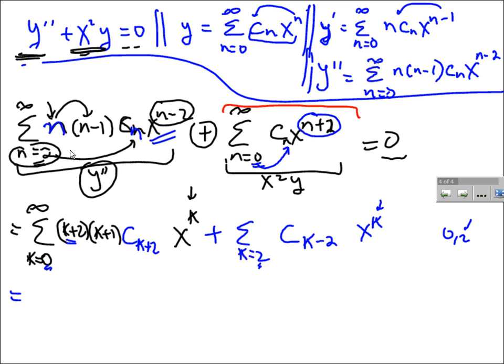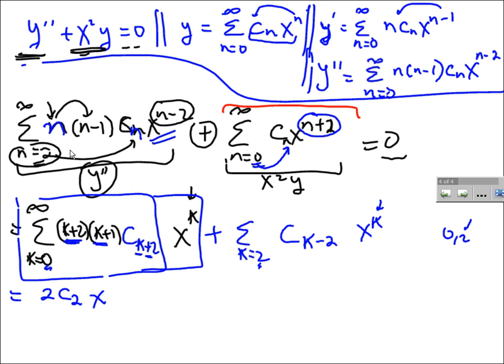That is, what I'm going to do is break off the first two terms from here. When k is 0, you have 0 plus 2 times 0 plus 1, 2 times 1 is 2 times c sub 2, because 0 plus 2 is 2, times x to the k.